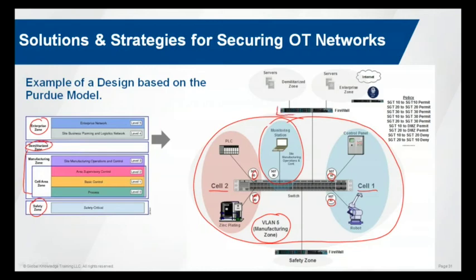And again, we use a firewall to protect that manufacturing zone against the enterprise zone, against the DMZ. So we also use a firewall to segment and separate against the safety zone. This is just an illustration to show you how you can implement the Purdue model. So now, ICE, Identity Services Engine, is playing a major part here, because ICE is what will allow us to do the microsegmentation.